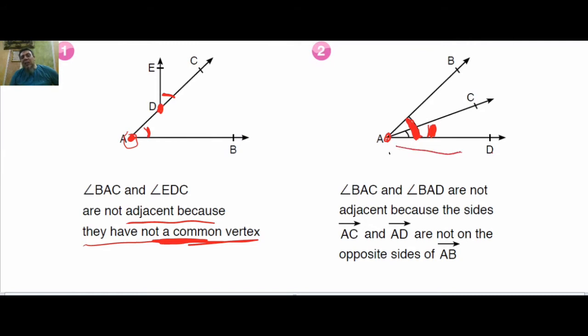Yes, AD. Are the two other sides on two different sides of the common side? No. The two other sides, AC and AB, are in one direction of the common side. So the two angles are not adjacent.